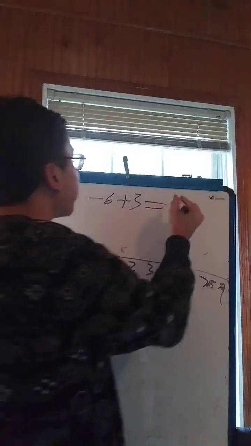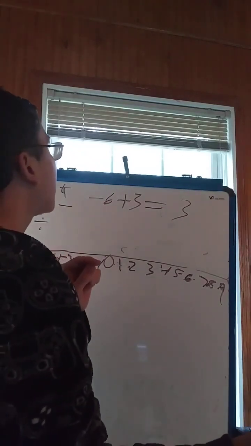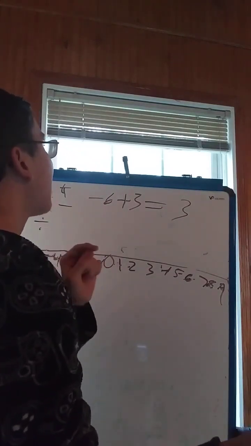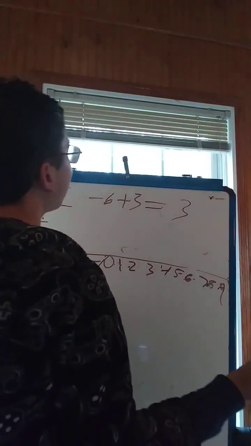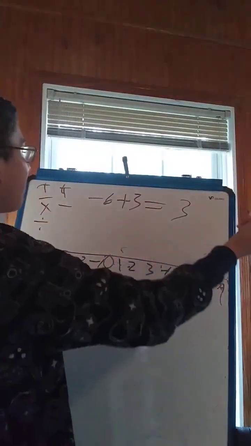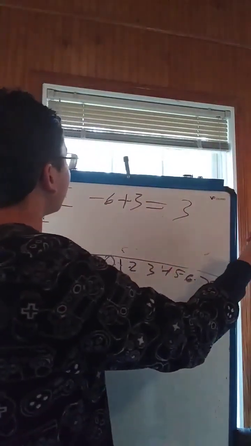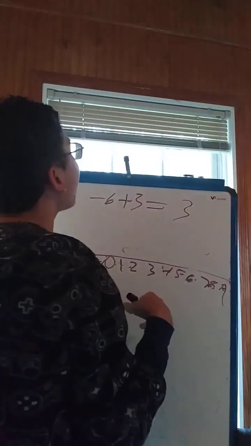And what would your answer be? Positive or negative? Whatever the sign of the bigger number is. Oh, well, we learned about number lines. The bigger number is 3 because it's further to the right, and it's in the positives. Well, forget about that for now.